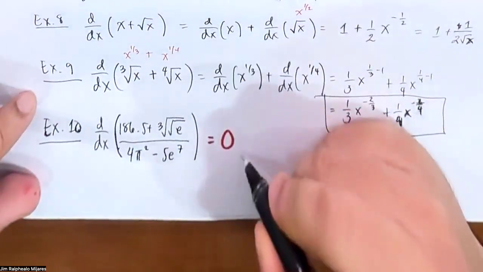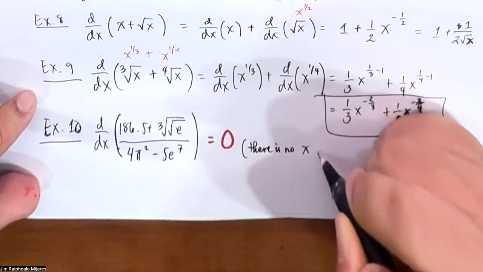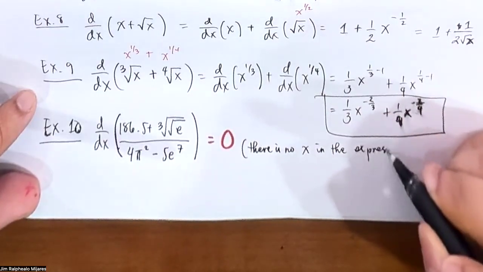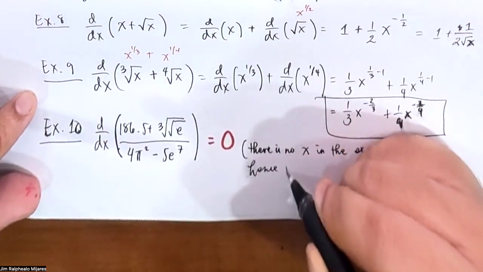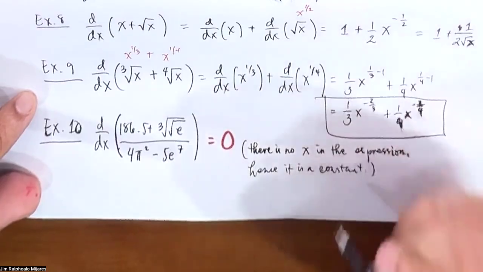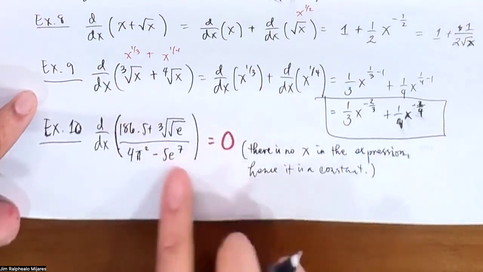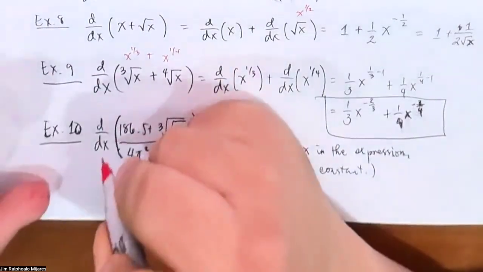Why? There is no x in the expression. Hence, it is a constant. If you read the expression clearly, there's no x variable. Sir, why x?